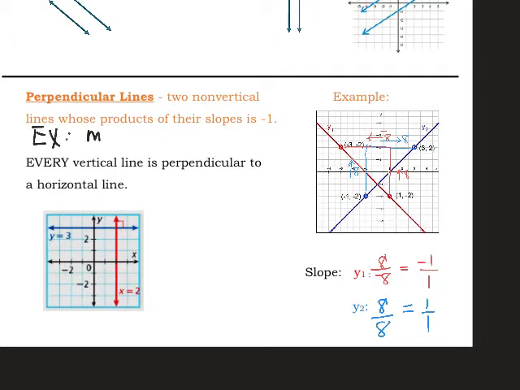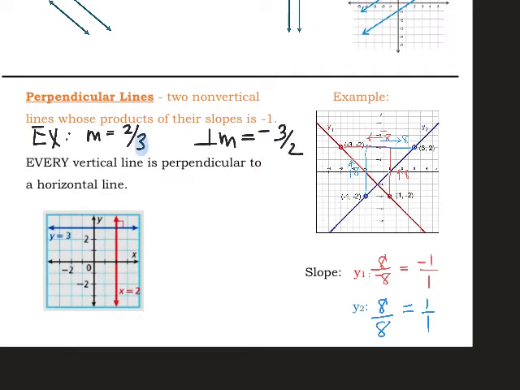So if my slope is 2 over 3, then the perpendicular slope, that's what that little upside down T is, the perpendicular slope is going to be the opposite reciprocal, which means we're going to flip the fraction. So what would my fraction be once I flip it? 3 over 2. And instead of it being a positive, it's going to be a negative. Good. So that's going to be a negative 3 over 2.